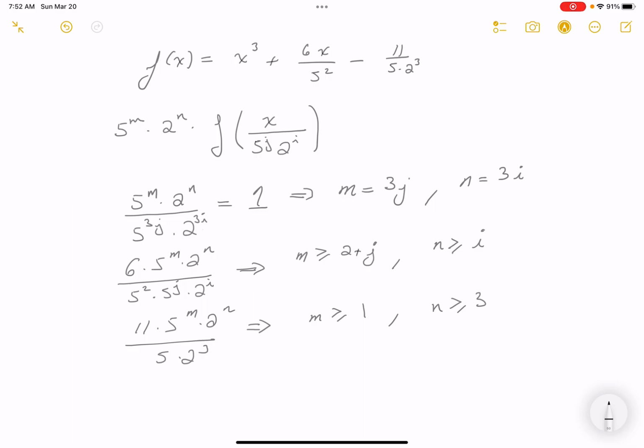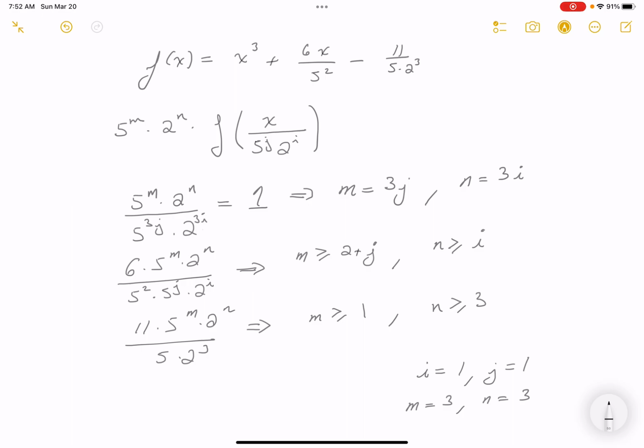So I'm going to take i equal to 1, right? And let's see if that satisfies this. And I'm going to pick the j is equal to 1. Let's see if we got everything satisfied here. Well, if this were the case, what would the m be? m would be 3, and the n would be 3.